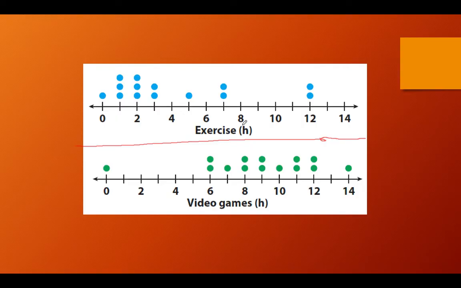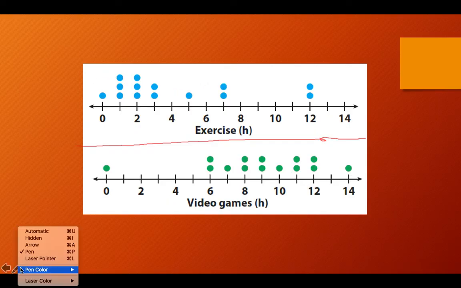H stands for hours. So this is how many hours people said they exercise. I don't know if this is per day. Let's say per week, because 12 hours a day seems unreasonable. Well, I guess it could be if you're a professional swimmer or whatever.